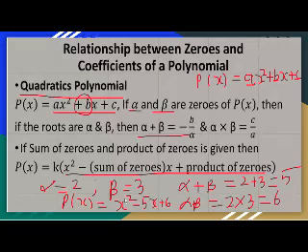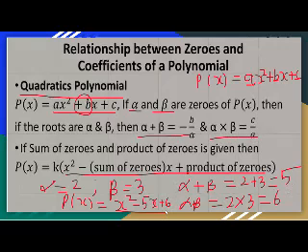Let me check how we are getting the formula. This is our polynomial. Here minus b is minus of minus 5, so obviously we get plus 5, and 5 by 1 is nothing but 5. In the same way, the product of the roots is c by a.